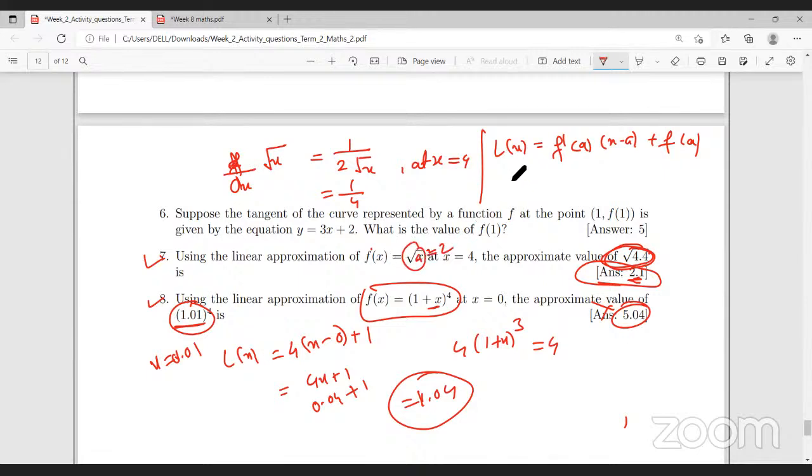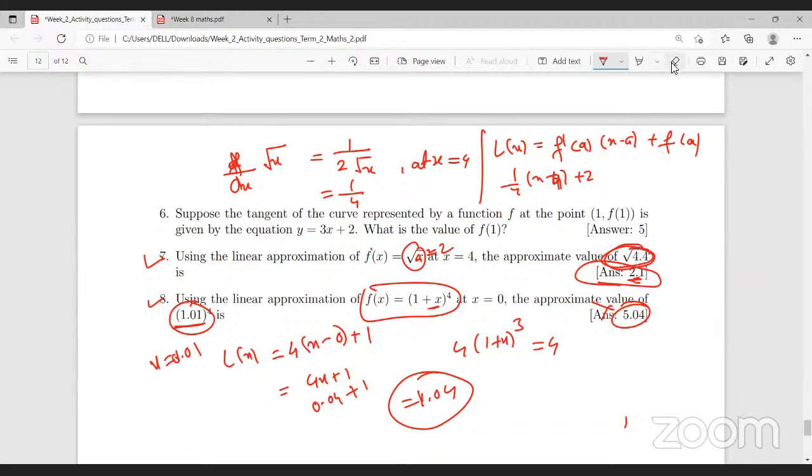So the equation will be 1 by 4 (x minus 4) plus 2. Just put x equal to 4.4 here. You will get this value, 2.1.